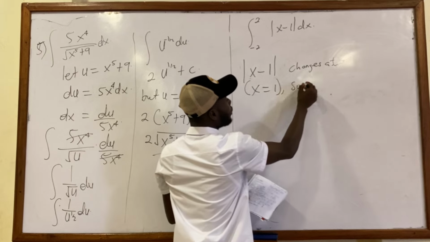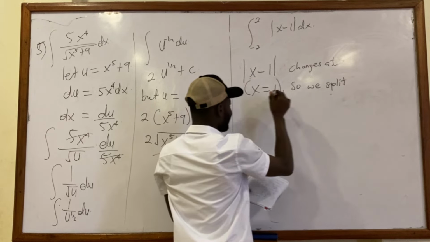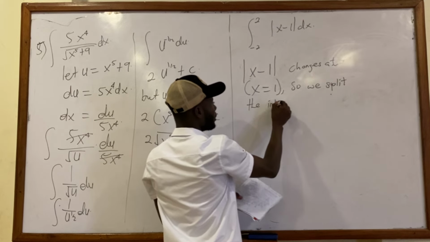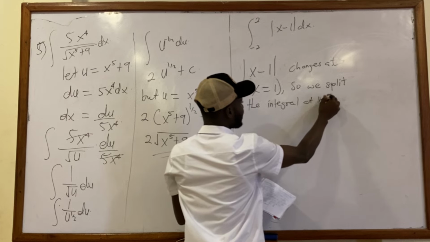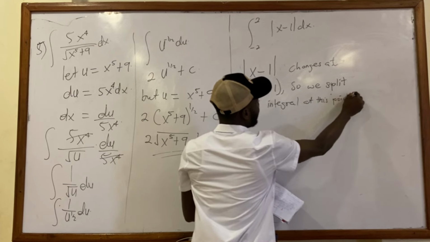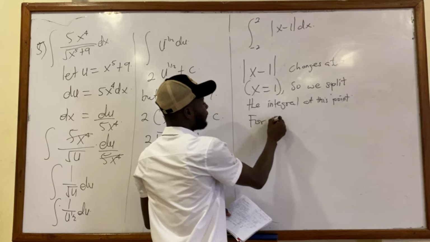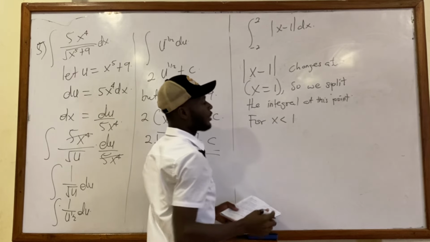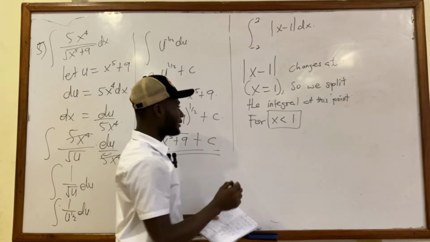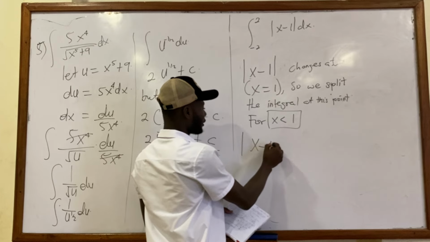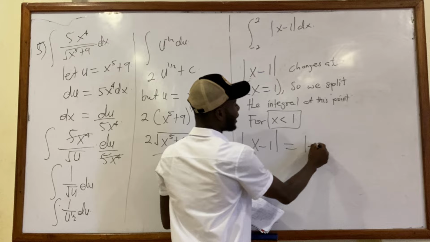So we split the integral at this point. For x to be less than 1, the absolute of x minus 1 will be equal to 1 minus x.